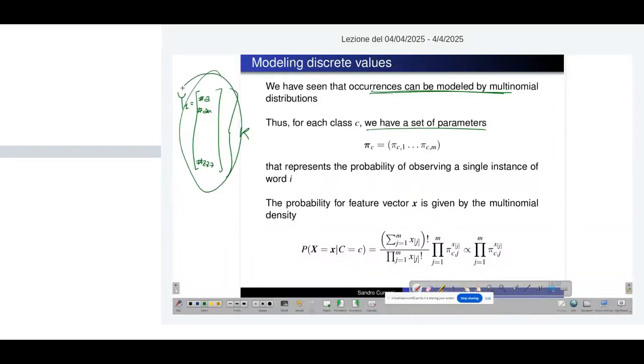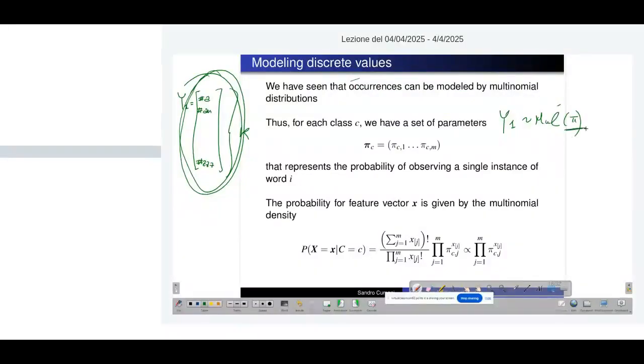Now, in this case, we have feature vectors. And we can model these feature vectors in terms of multinomial distributions. Now, here I will go quickly because we don't really care about the details. But if we were to repeat the whole procedure, we could say, okay, let's model y_1 in terms of a multinomial distribution with some parameters pi.